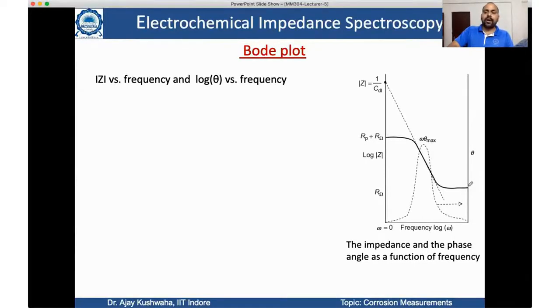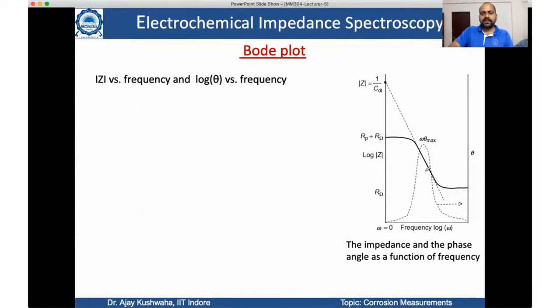If we plot mod Z versus frequency log, it will look like this solid line. And if you plot theta versus this, it will look like this dotted line, right?